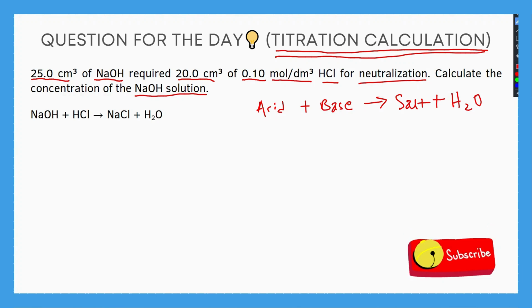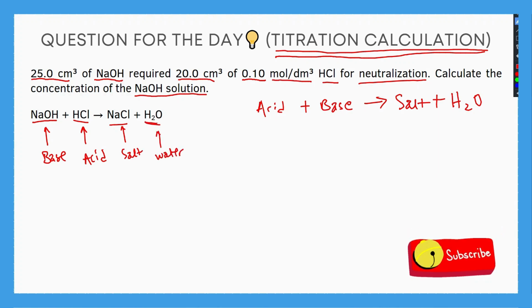Now, when this is done, we have the base over here, which is sodium hydroxide. Let's label them very quickly. And then we have the acid over here, which is hydrochloric acid. And then we have the salt over here. And we have water as well.